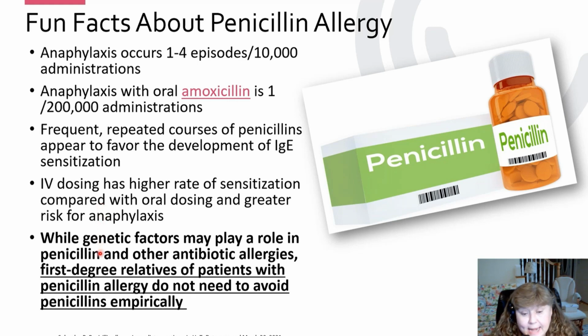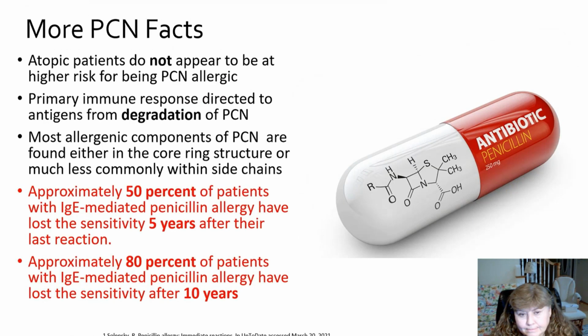While genetic factors may play a role in penicillin and other antibiotic allergies, first-degree relatives of patients with penicillin allergy do not need to empirically avoid penicillin or penicillin-type products. Atopic patients do not appear to be at a higher risk for developing penicillin allergy.